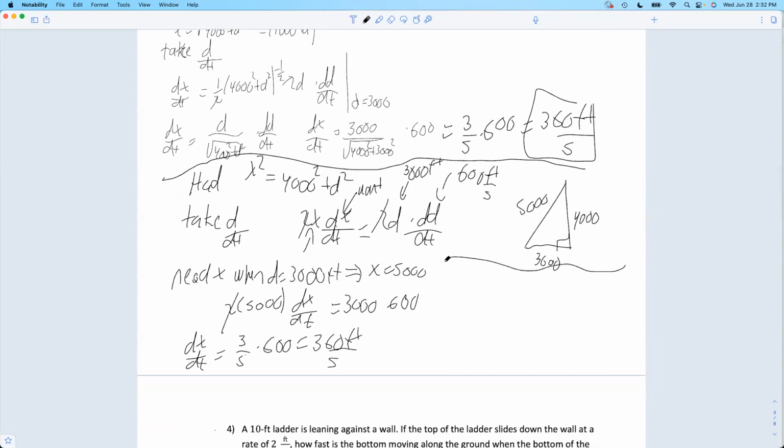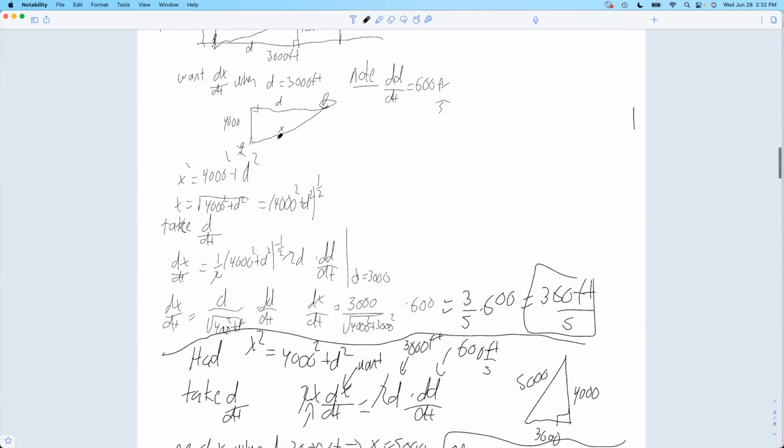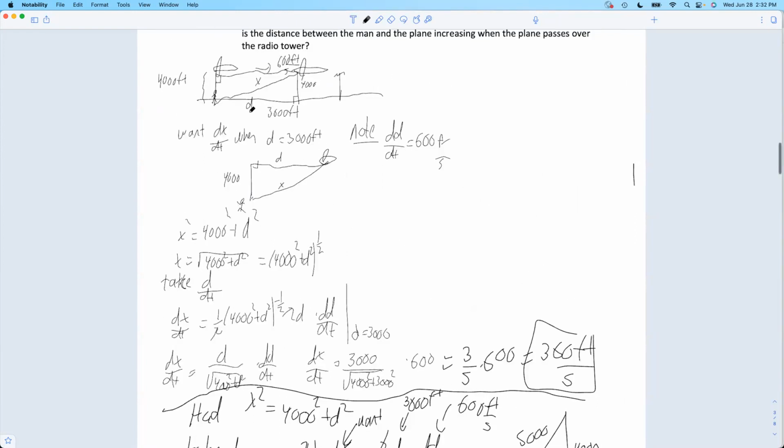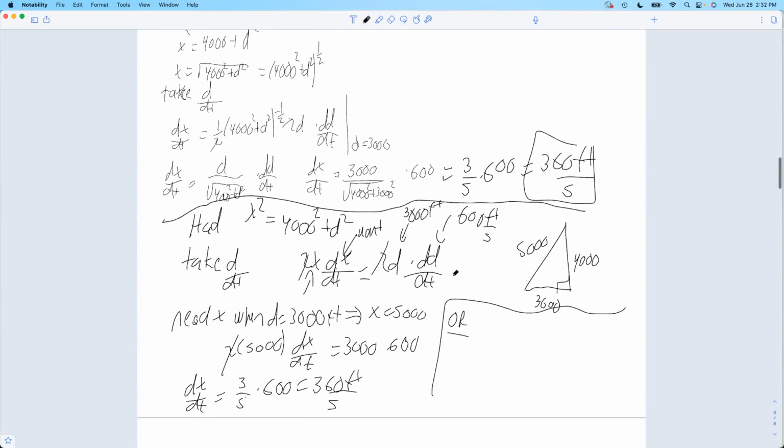That's just how far the plane has traveled since it was over our heads. Distance equals rate times time. I know how fast it's moving. It's going at 600 feet per second. So d as a function of time is just 600 times time.